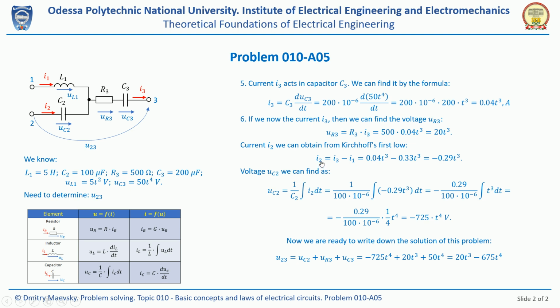If we know the value of current I2, we can find the voltage of capacitor UC2 according to this formula. We know current of this capacitor and we should find voltage of capacitor: 1 over C2 multiplied by the integral of I2 with respect to t. We substitute our values.